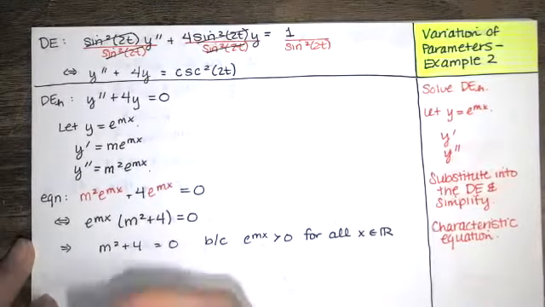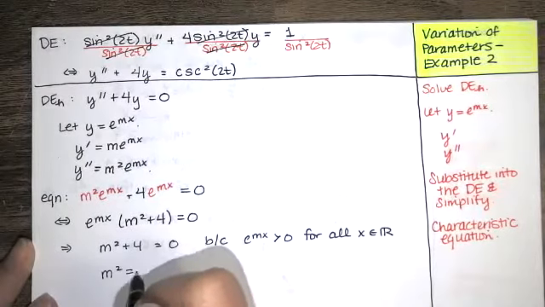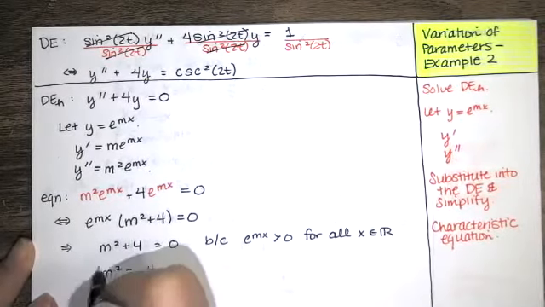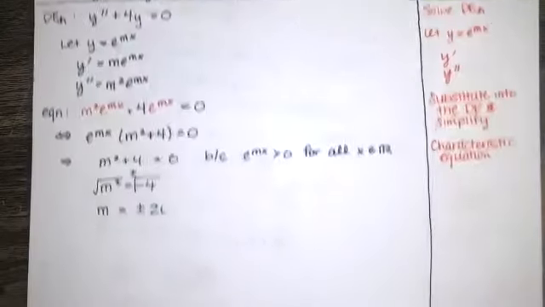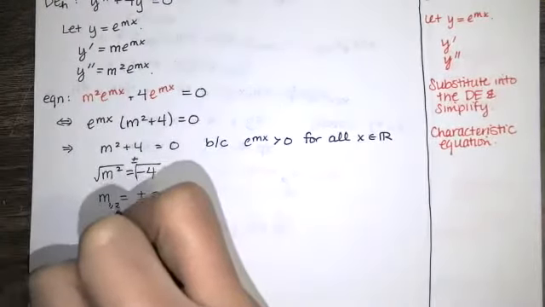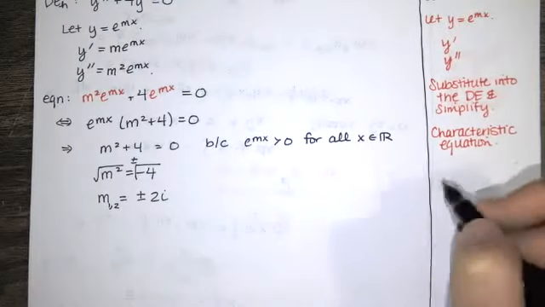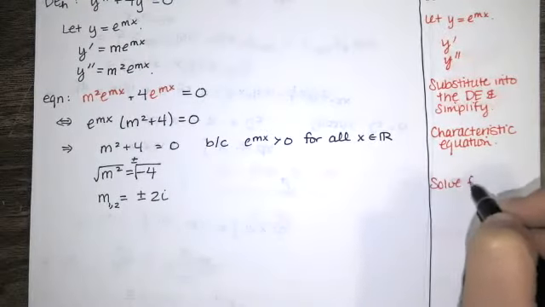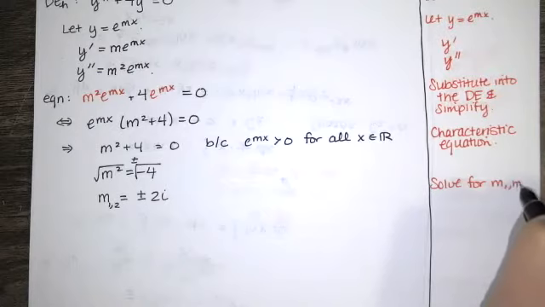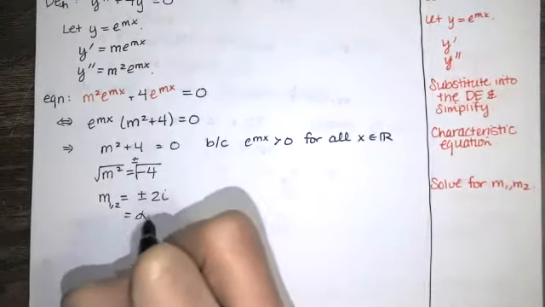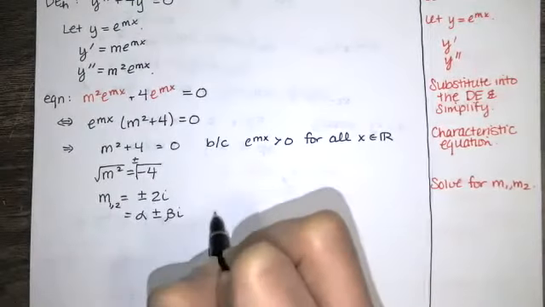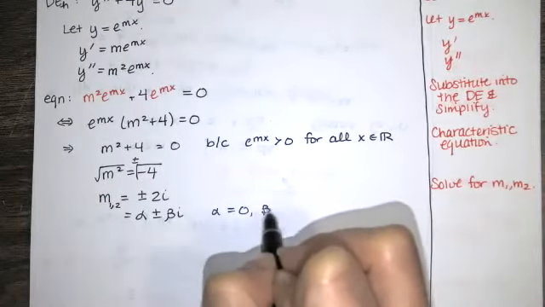Now we just want to solve the characteristic equation. So we have m squared equals -4. And we can take the square root of both sides. Don't forget the plus or minus on the right. So we'll have m equals plus or minus square root of -4, which is 2i. And we can think of this as alpha plus or minus beta times i, where alpha is equal to 0 and beta is equal to 2.